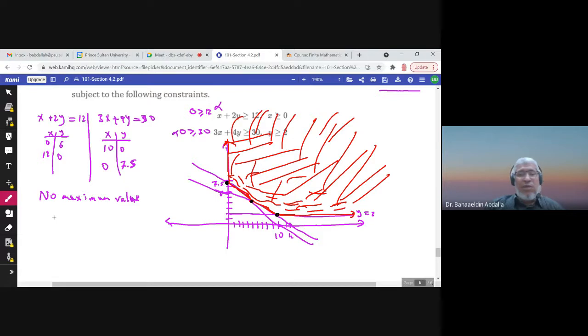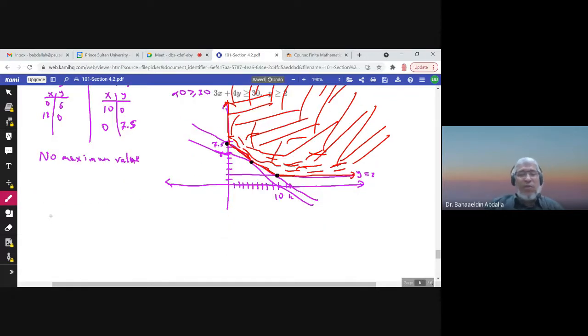but the minimum, to find the minimum, we need to determine the corner points. So this corner point is 0, 7.5. Now this corner point, y is 2. Okay, I can see that it's 10 and 2, but I need to find it to make sure.